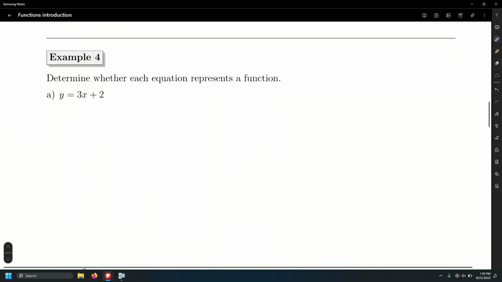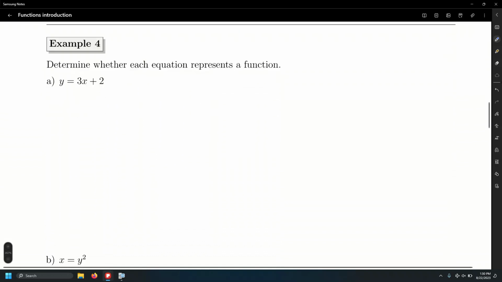All right, example number 4. What about determining whether a given equation represents a function? How do we go about it? There's a bunch of ways to do it. Number one is by graphing, but let's pretend we don't know how to graph. Let's use our knowledge. Here we're going to put a couple of techniques together because it's going to be different for every kind of equation.